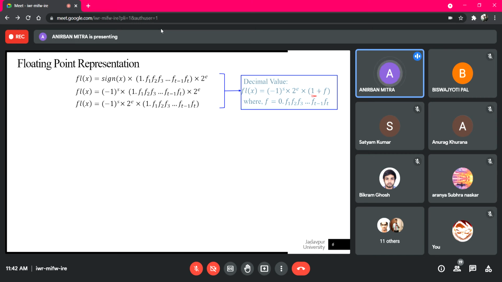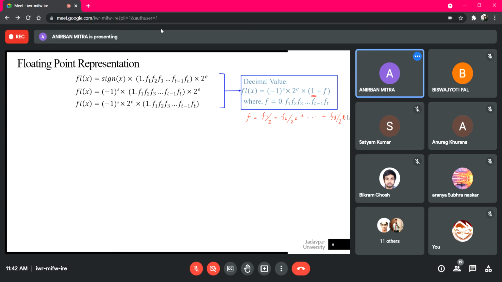And f is the fractional part, which is given like this. So here we can write f as f1 by 2 plus f2 by 2 square. Like that, we can go up to ft divided by 2 to the power t.